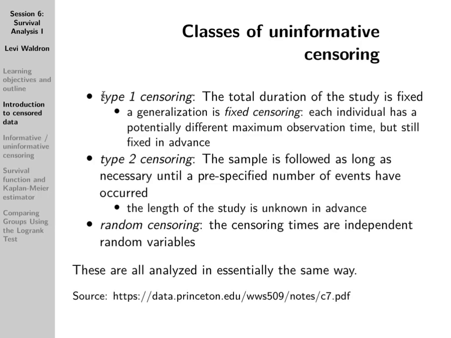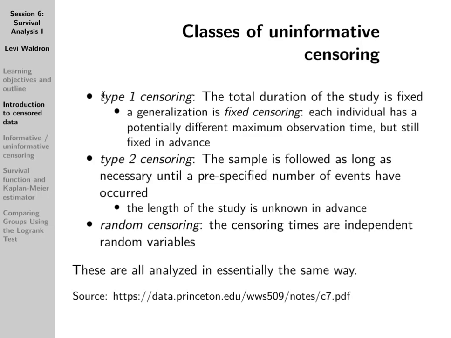And then type 2 censoring is where our study cohort, our sample, is followed as long as necessary until a pre-specified number of events have occurred. And this is fairly common in clinical trials for drug efficacy, where there's a power analysis done that determines that we will need a certain number of events in order to have sufficient power to detect a difference.